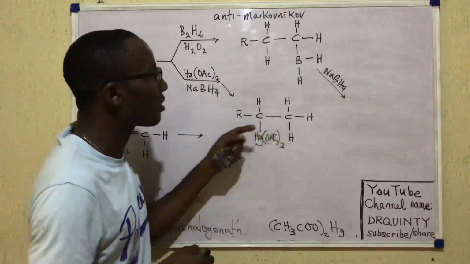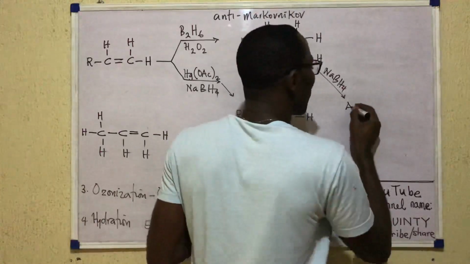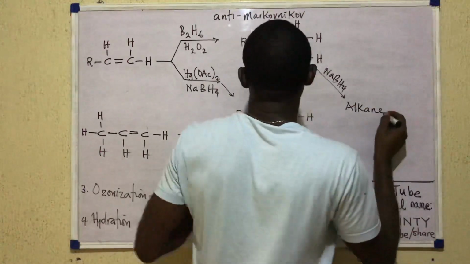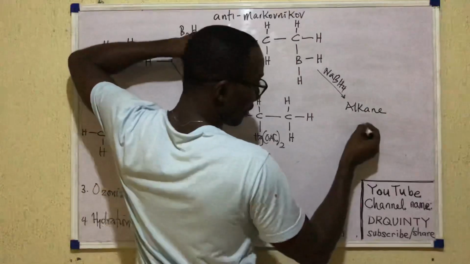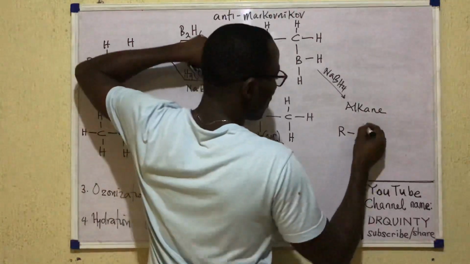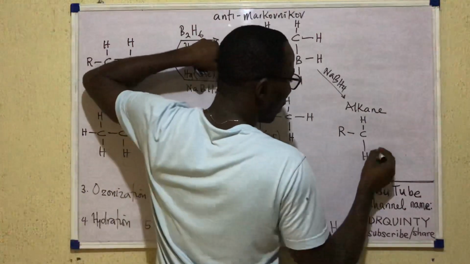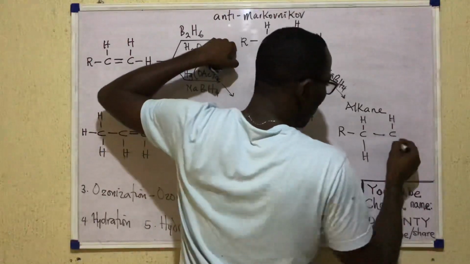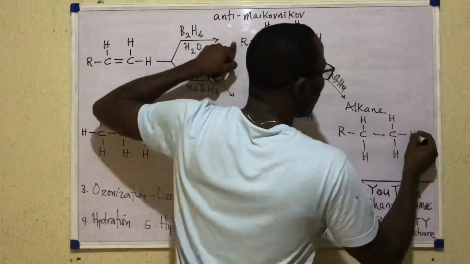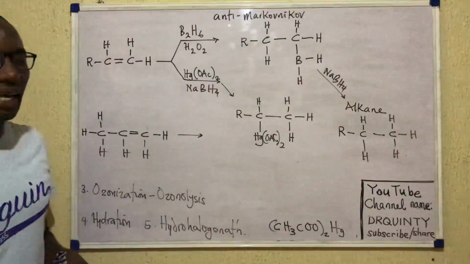But in this case, what you are going to get is the corresponding alkane. That means this compound becomes our product now, R, C, H and H, then C, H, H and H. So the final product is an alkane.